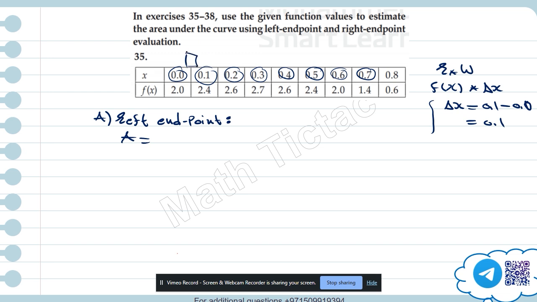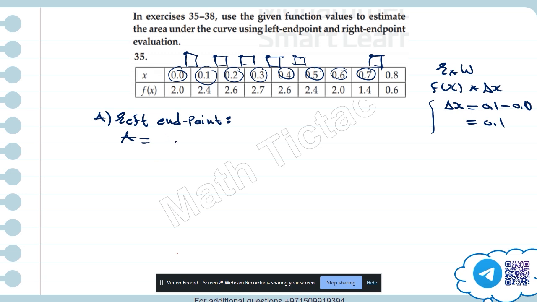If we have a rectangle over here, this is the left endpoint. If this is a second rectangle, this is going to be my left point. The same thing over here, and until the end. So I will reach the last rectangle and take its left endpoint, which means this last value I'm not going to take.